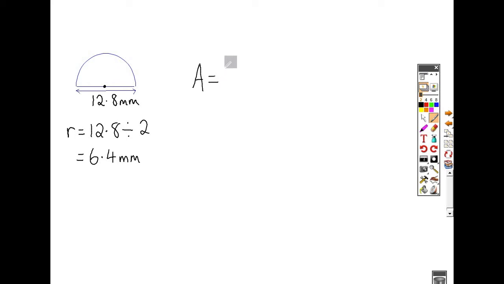So area equals pi r squared, full circle, divided by 2 because it's a semicircle. Here we go then. Pi times, remember now, 6.4 squared. Do not use the 12.8. All divided by 2. Popping it into your calculators. Pi times 6.4 squared. Again, press an equals before you divide by 2.